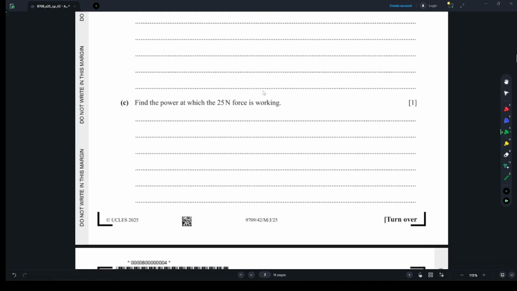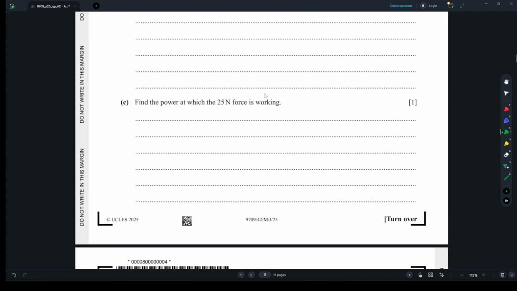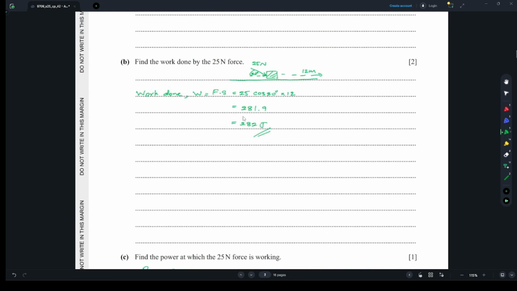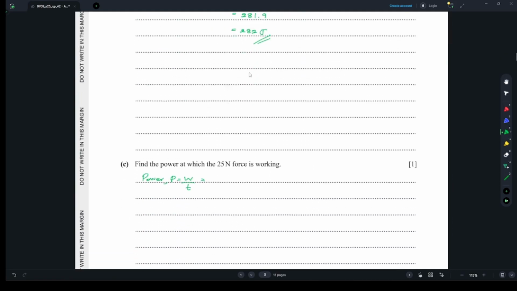Then find the power at which the 25 Newton force is working. We can write the power P equals the rate of work done, W over T. We already calculated the work done, which is 281.9.